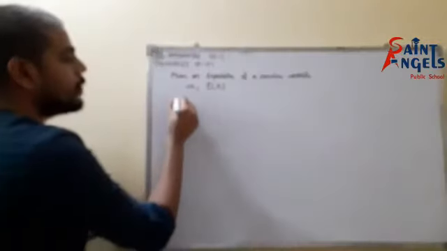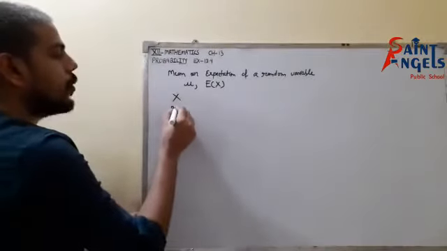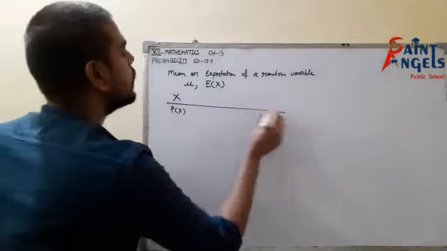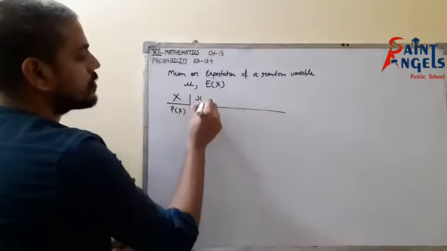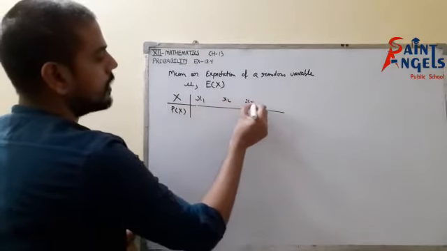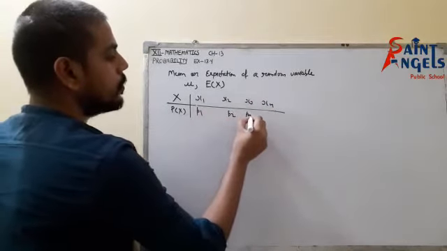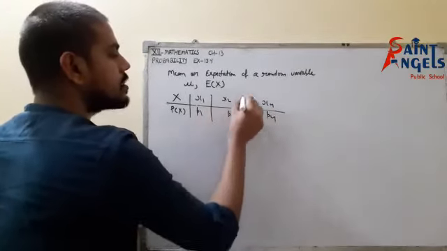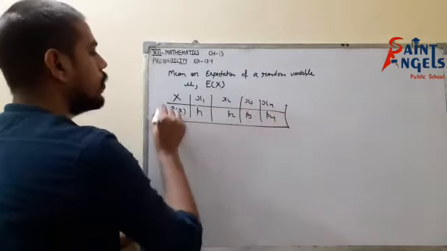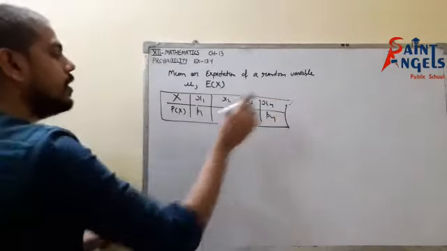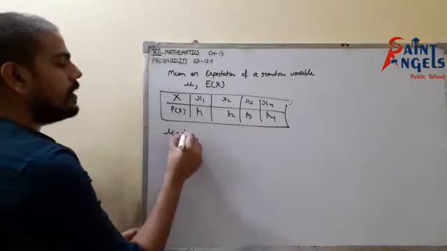Now suppose we have a random variable x and its probability distribution is like this. Suppose here we have x1, x2, x3, x4, and here we have p1, p2, p3, p4. This is just an example. Now the mean would be mu or E(x).